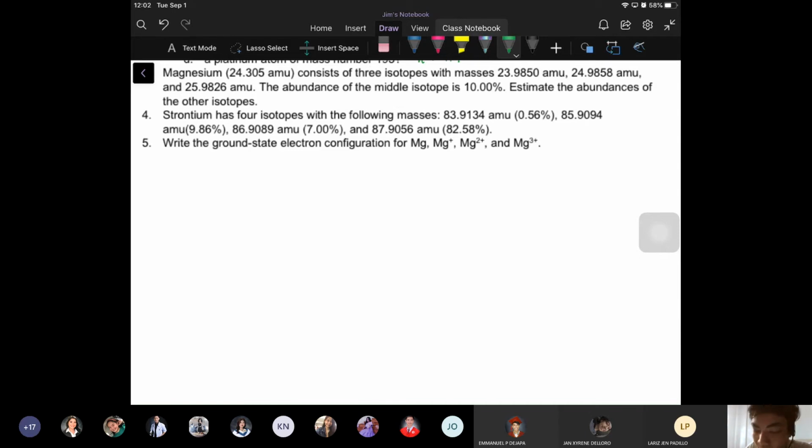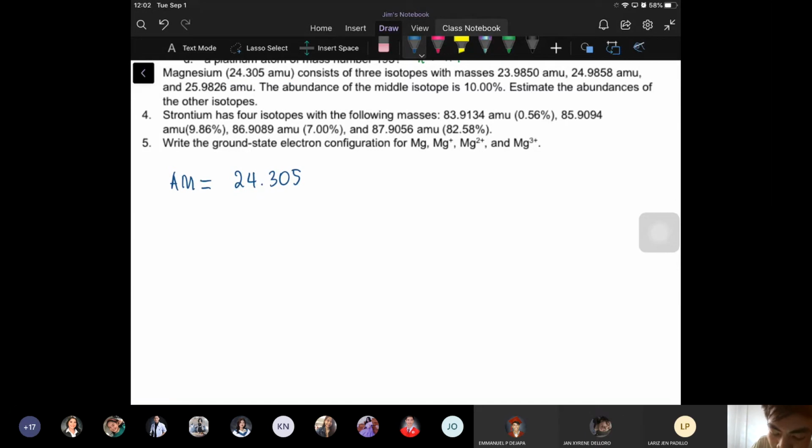So anyway, I will proceed answering this. So anong given sa akin? This is the average atomic mass. Binigay na eh. Usually katabi yun ng element. So the average atomic mass, or the AM na lang, is 24.305 atomic mass units or AMU.